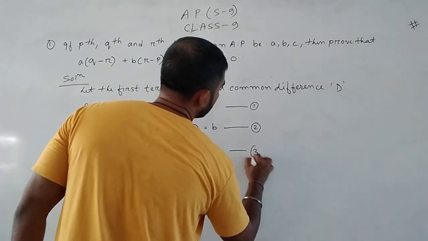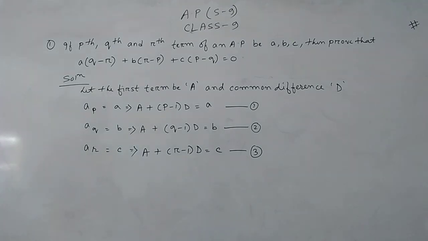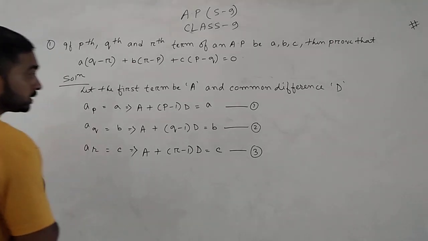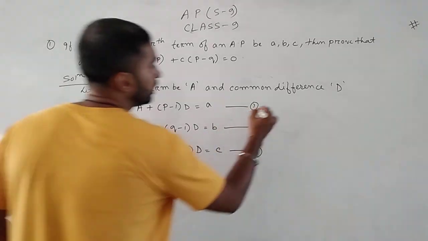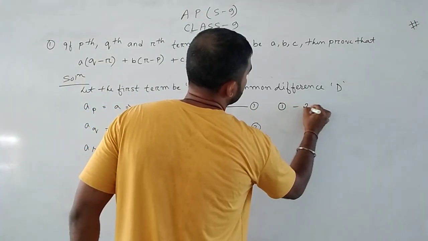Equation number 3. So the first term is capital A, common difference capital D, pth term equal to small a, so A plus p minus 1 D, and qth term b, A plus q minus 1 D. Now in this question we'll subtract 2 from 1, 1 minus 2.